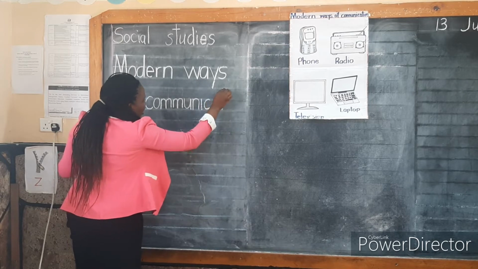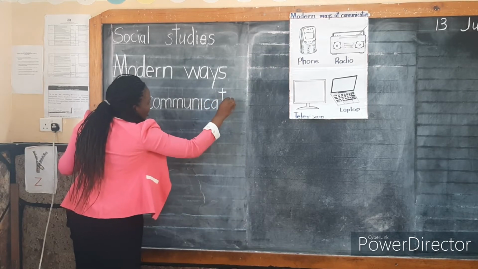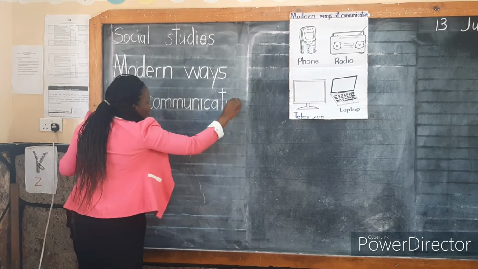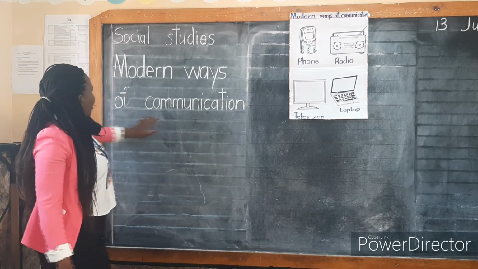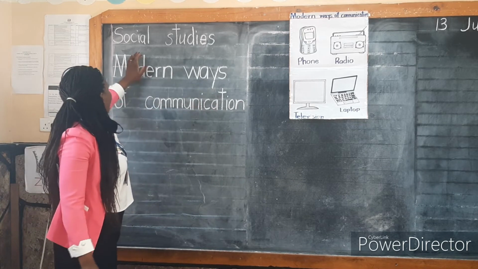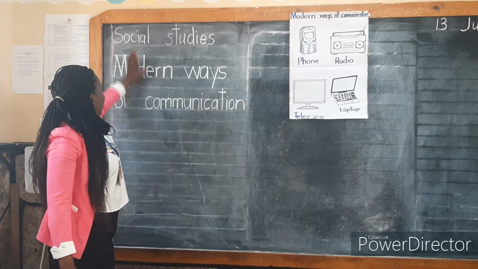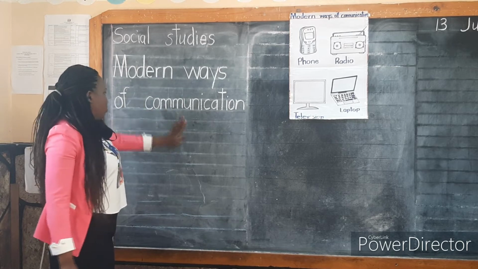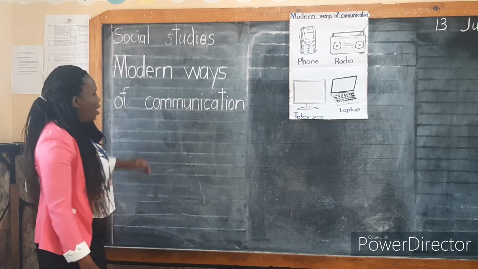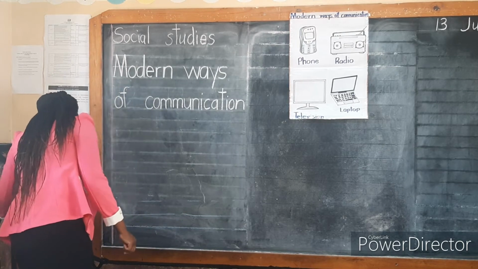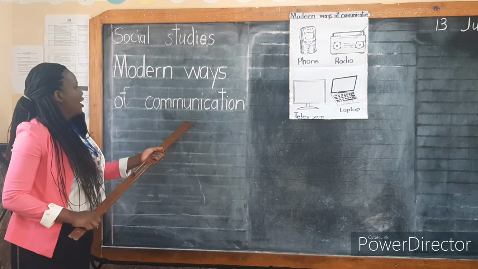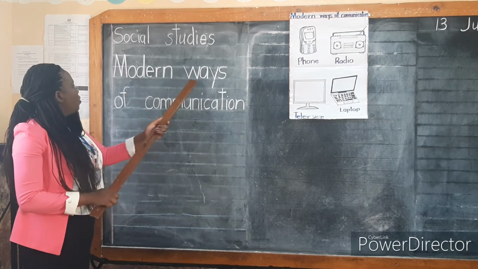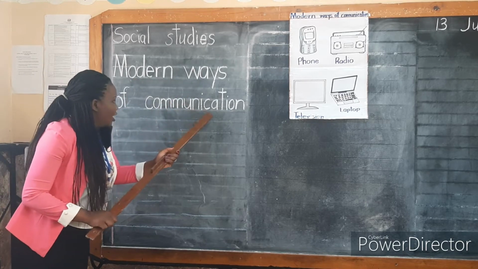Look at my letter T. So, make sure as you write, the letter F and letter T and letter D and the capital M, they have to be longer than the rest of the letters. Okay, so here, let's read together what teacher has written. Modern ways of communication. Modern ways of communication.